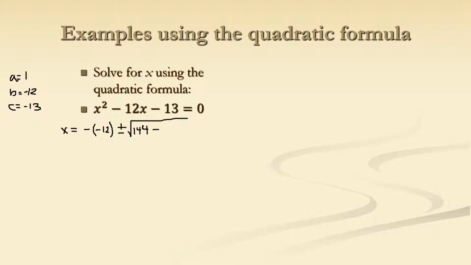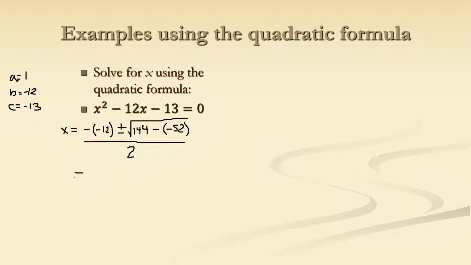Minus 4 times a times c, which is negative 52, so minus a negative 52, all over 2 times 1, which is 2.